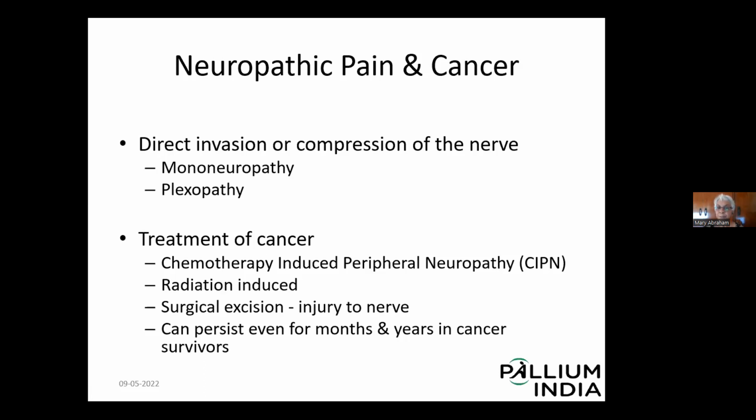It could be chemotherapy-induced peripheral neuropathy. It could be radiation-induced neuropathy. It could be after surgery, because surgery can injure a nerve and cause neuropathic pain, like post-mastectomy pain syndrome. And surprisingly, it even occurs in cancer survivors. The cancer has been healed, but the neuropathic pain can persist for months and even years.